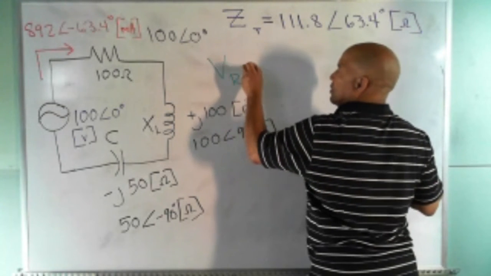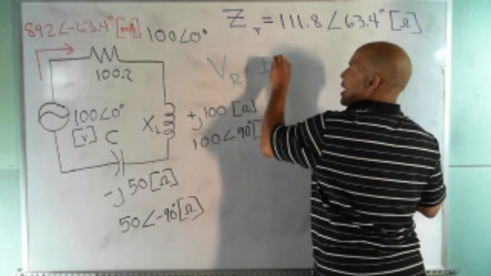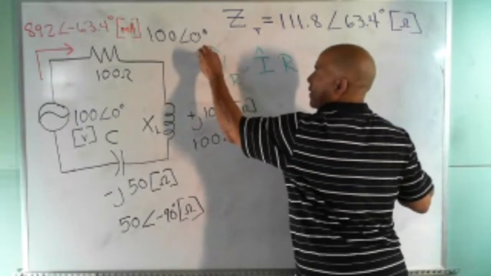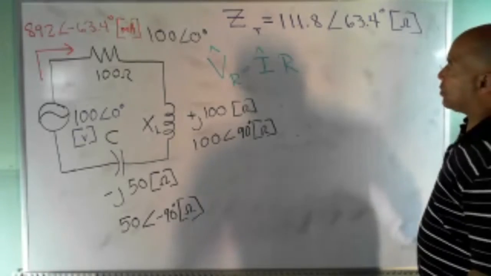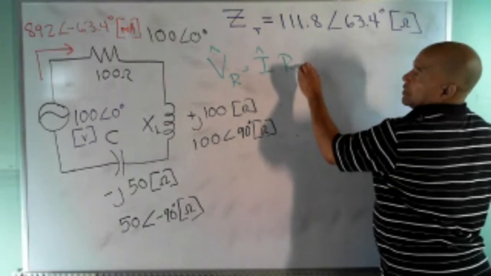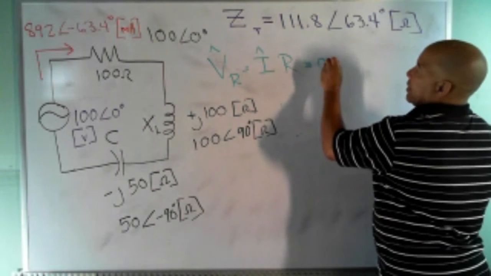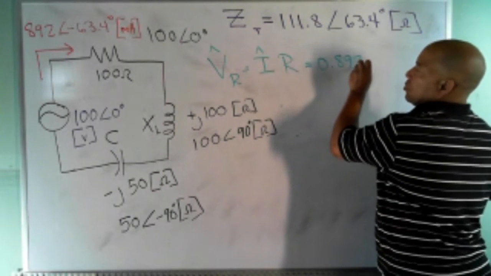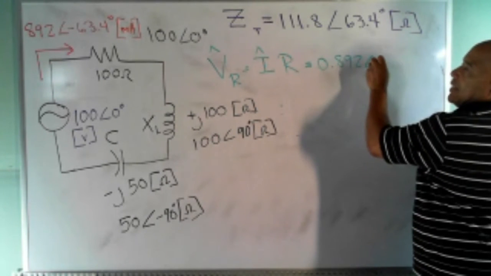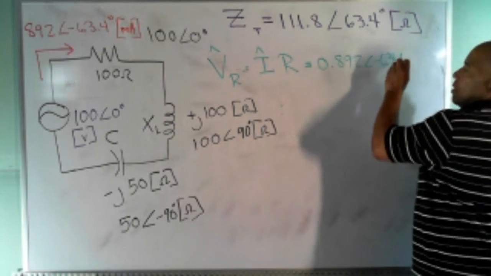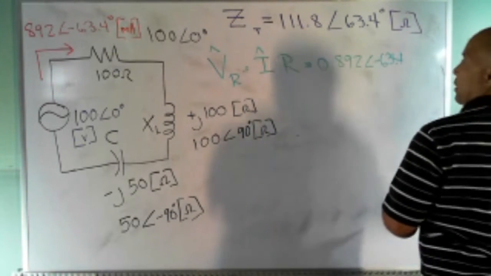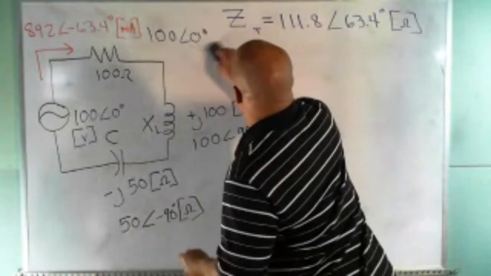is equal to I times R, and that's a phasor, and that's a phasor. So you put a hat on those. Well, I know that this is 0.892 angle minus 63.4. I'm going to run out of space, so I'm going to have to not write the equation.